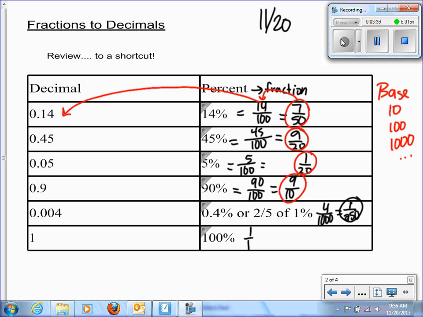Does that make sense? So I can take a fraction, expand it back to have a base of 10, 100, or 1,000, like 45/100ths, and read it out loud, this is also 0.45.